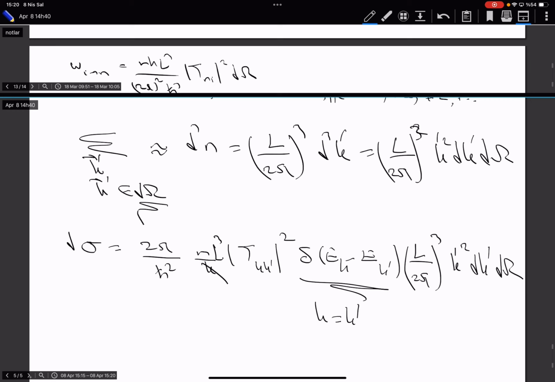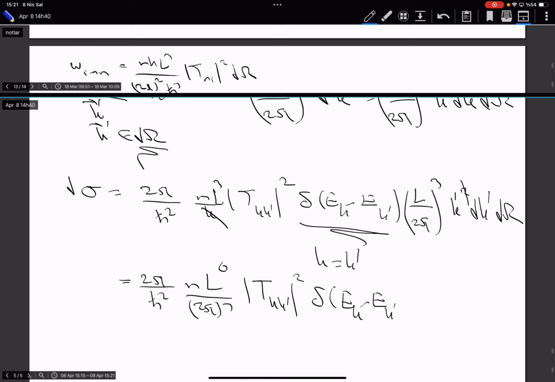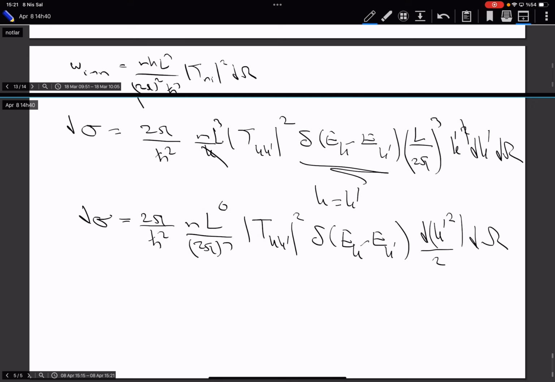So I can just cancel one of these. This will be 2 pi over h bar squared, m L to the 6 divided by (2 pi) cubed, T_k k prime squared. I still have this Dirac delta, dk prime squared over 2, d omega. This is my cross section.